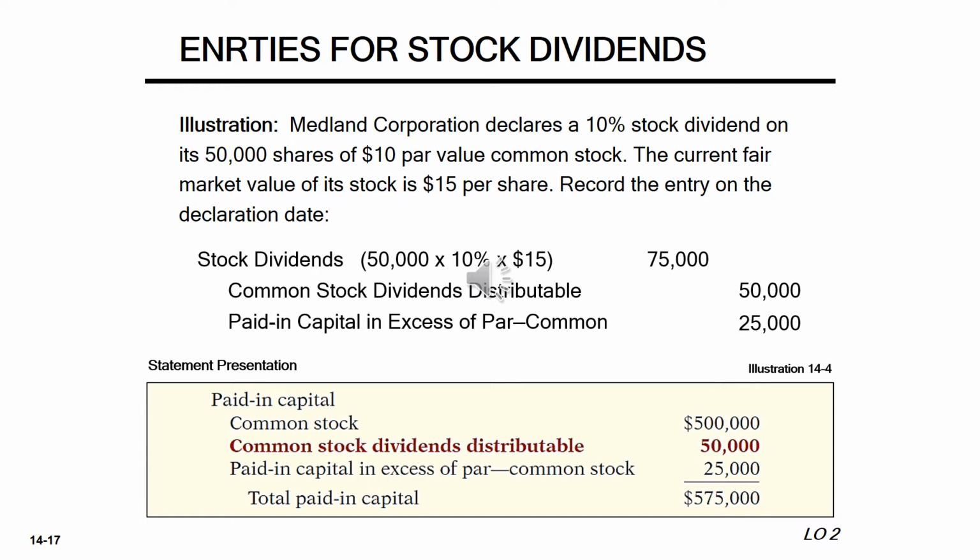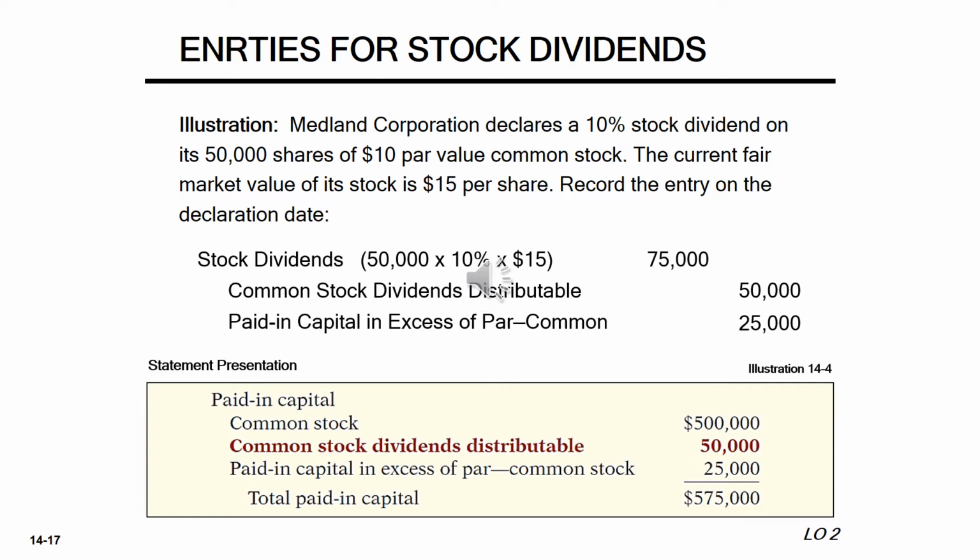We're going to debit stock dividends, and we calculate this by the number of outstanding shares, which is 50,000 shares, multiplied by the percentage of the dividend, which is 10%, and multiplied by the current stock price in the market. So that is 50,000 multiplied by 10% multiplied by $15, and that gives us $75,000.